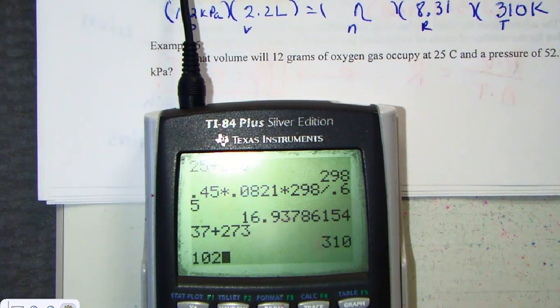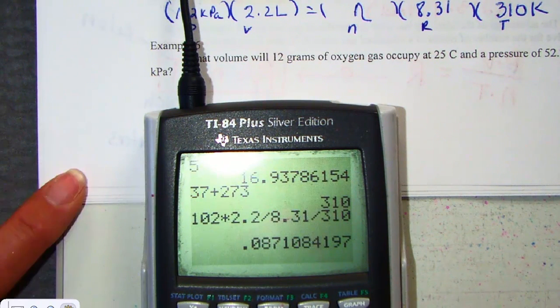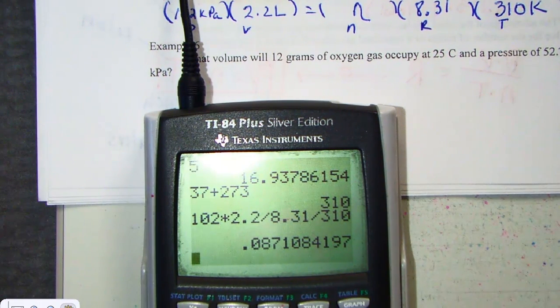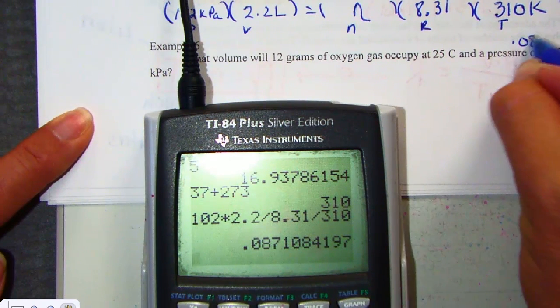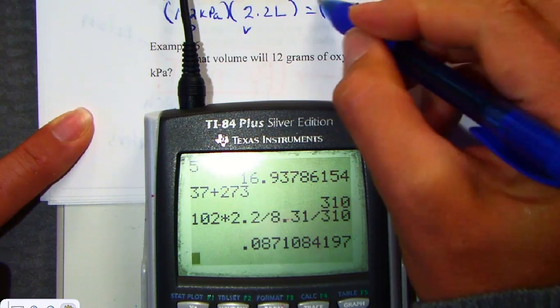Let me move that up. So 102 times 2.2 divided by R divided by T, and I'm finding 0.087 moles of air times its formula weight.